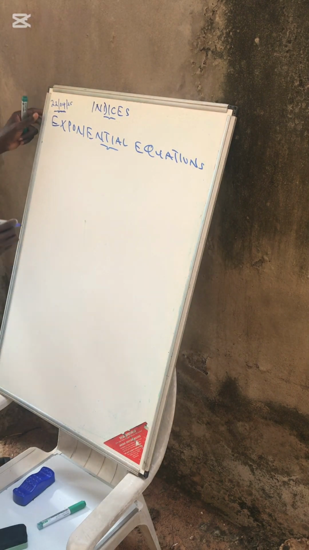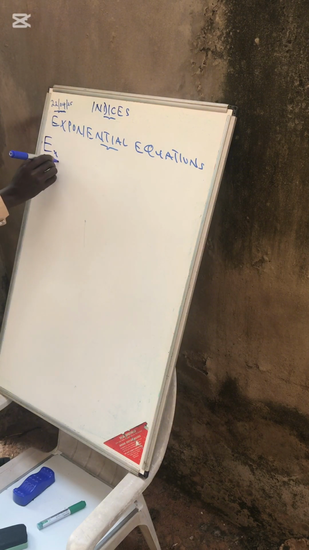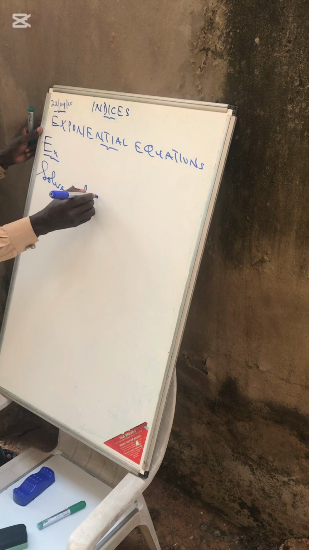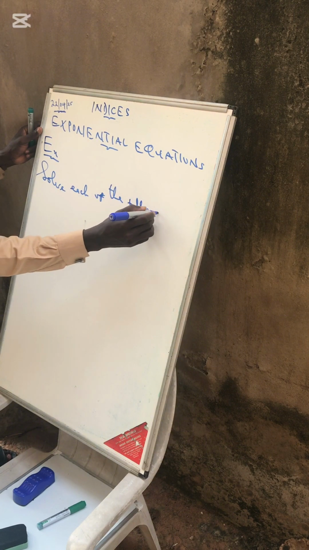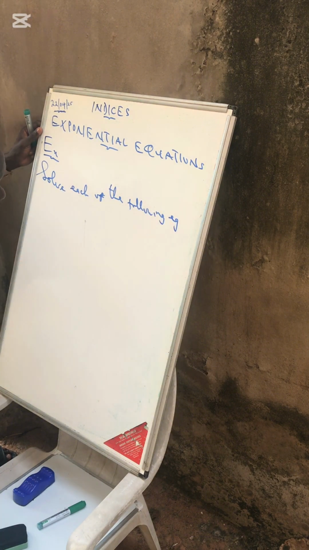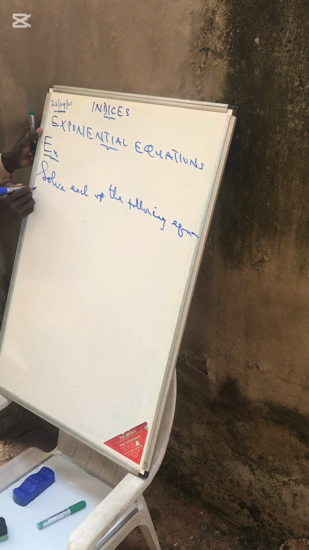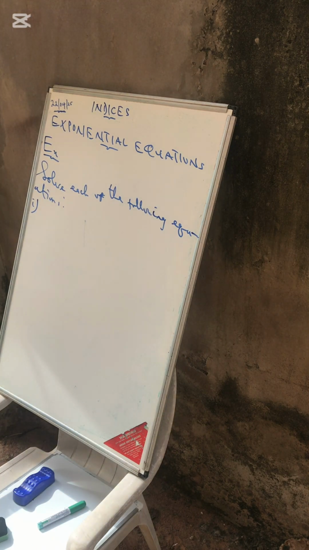Now, let's take examples. Solve each of the following equations. Roman figure 1: 1 over 2 raised to x equals 8.